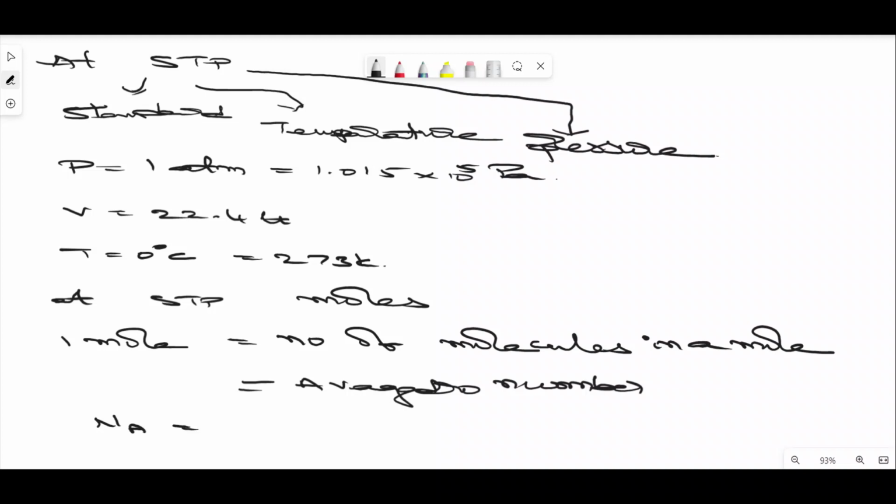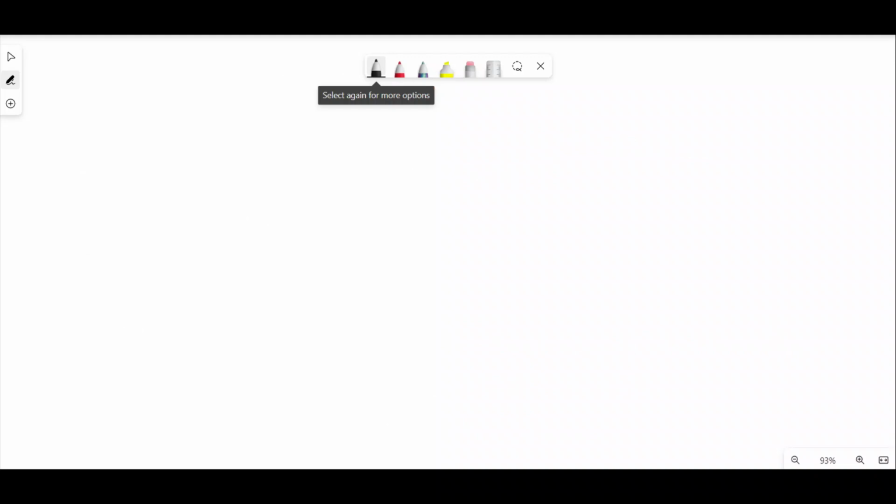We know that the Avogadro number is represented as N suffix A, and the value of N suffix A is 6.023 into 10 to the power of 23 per mole. Take a screenshot, we will continue.